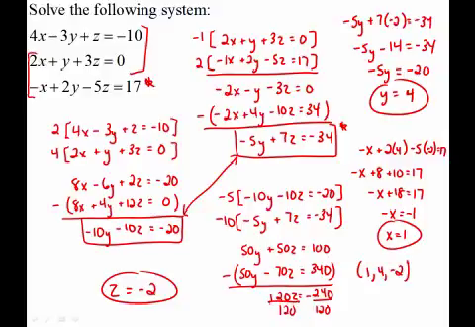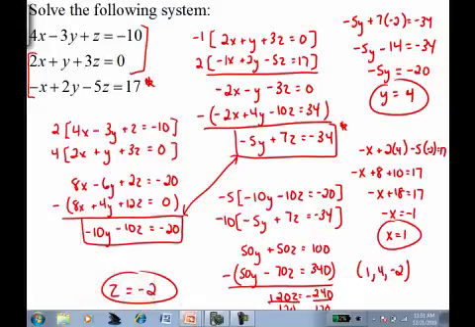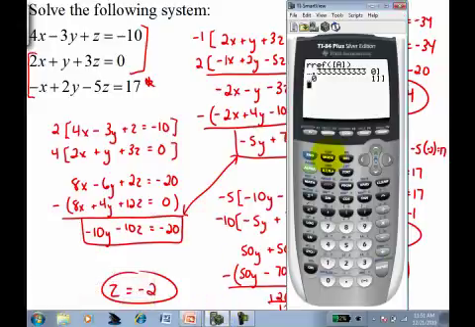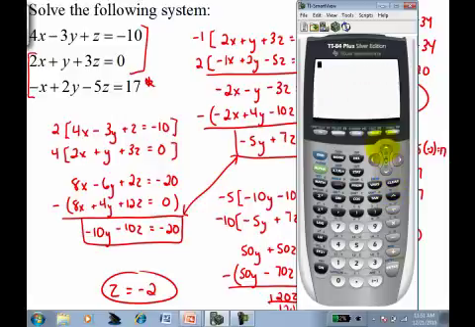Okay, if we're going to do this one on the calculator, then what we'd actually do is we'd use the matrix. So again, second and then x to the negative 1 gets us in. Choose edit.